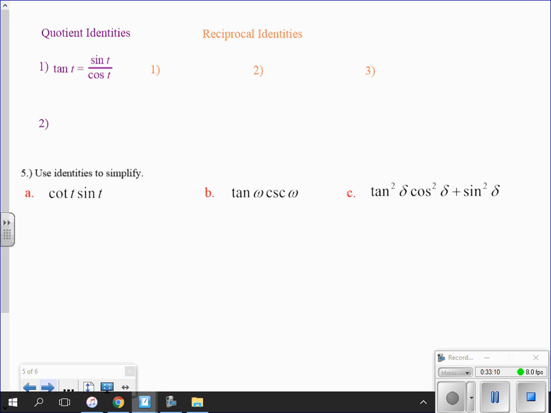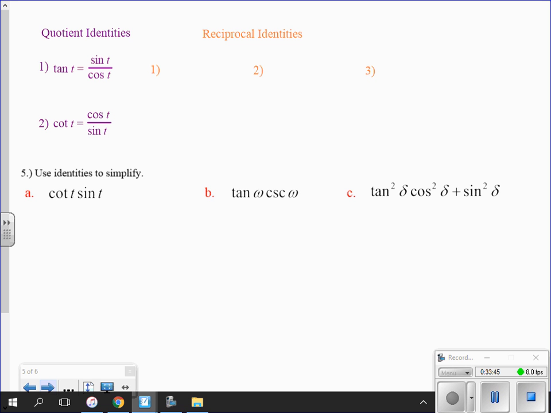So tangent t is equal to sine t over cosine t. You've seen tangent before. The cotangent of t is the cosine over the sine. It is the reciprocal of the tangent. So you could think of the cotangent as 1 over the tangent. That'll work too.